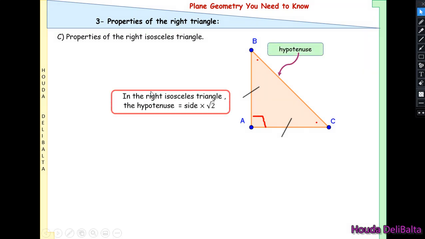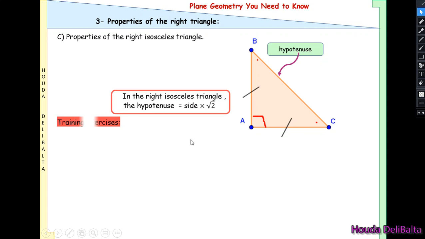The most important property is that the hypotenuse, as you see here, is equal to the side, any one of these sides, because they are equal, times radical 2. For example, if AB is 3, then AC is 3. Then the hypotenuse is 3 times radical 2. Also, this can be proved using Pythagoras theorem.